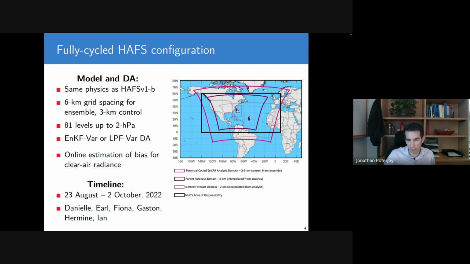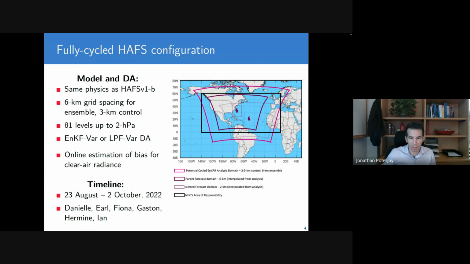And instead of working in this more complex looking framework where the domains are moving on us as the storm evolves, we're just using one fixed domain, which is given by this large magenta colored region. And we're performing just nonstop data assimilation over a very active month of the 2022 hurricane season. And so that's our testing period, but we're applying this framework for testing out a few different new DA methods.